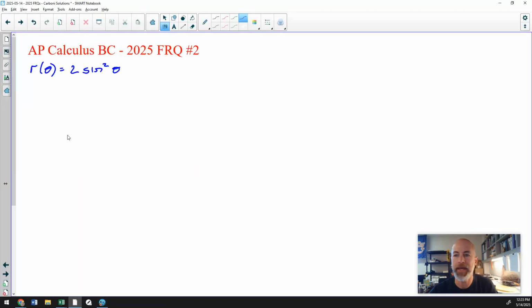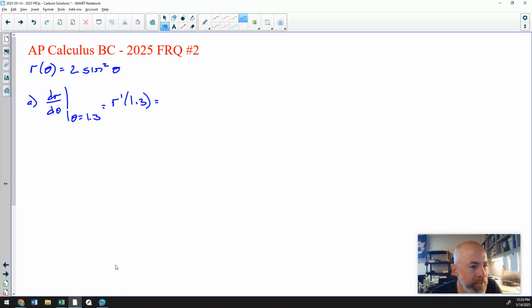Question A is asking the rate of change of r with respect to theta. So A, this is really nice. The rate of change of r with respect to theta when theta is 1.3 is the exact same thing as r prime of 1.3. With this being a calculator active question, I'm going to punch this straight into the calculator.